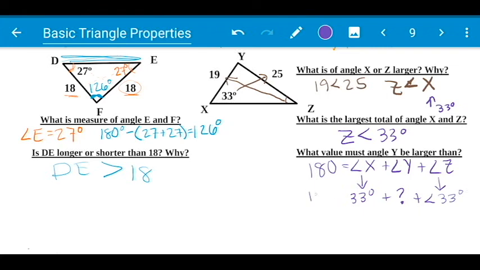What we're going to do is, when we add all those up, we have to equal 180. So we can do 180 minus (33 plus 33) at the bare maximum for our Z. And that gives us a total of 114. So if we have 114, we know that Y must be greater than 114 if Z is at its maximum of 33 degrees.